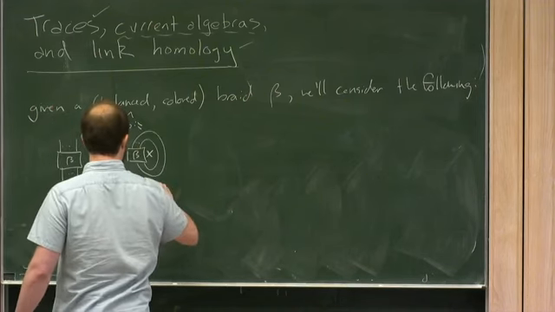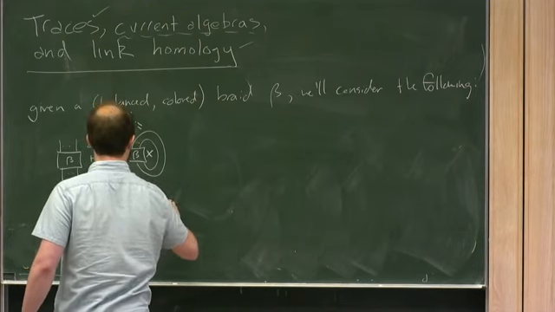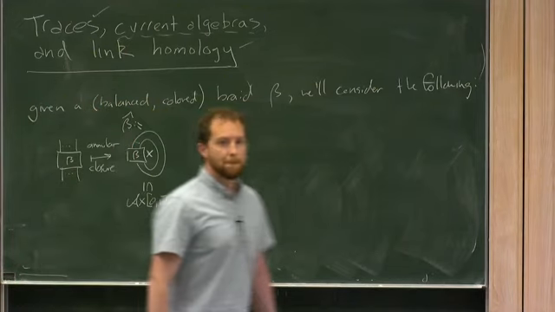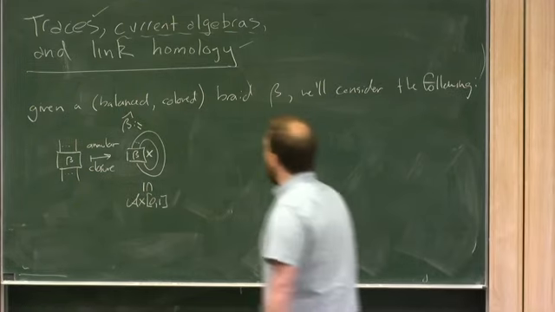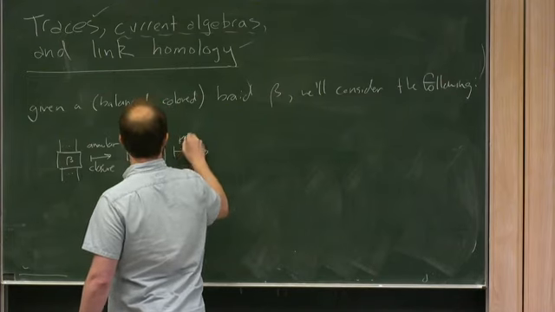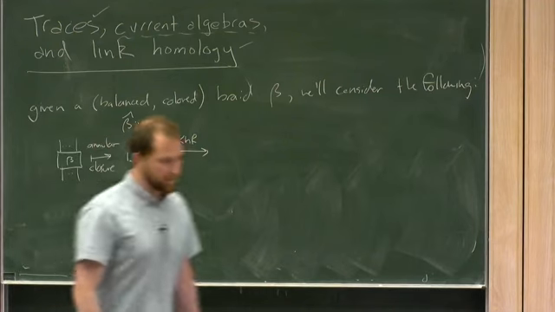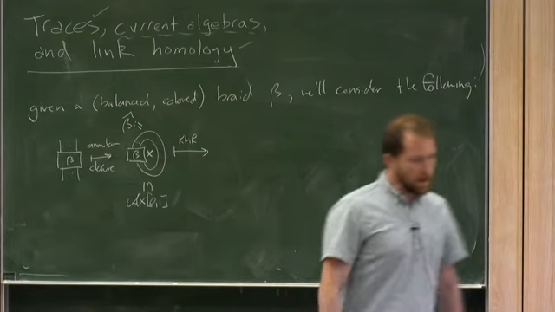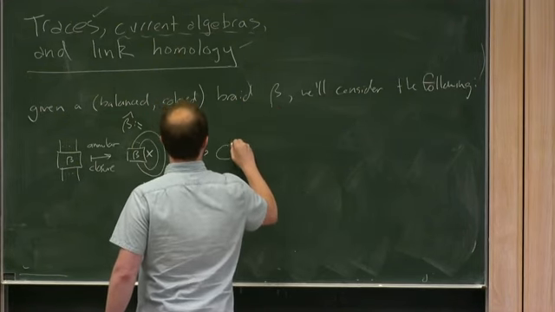And just a reminder, this lives inside the annulus cross [0, 1]. Okay, all good so far. So the next thing that I'll do is apply some sort of bracket operation, essentially the Khovanov or Khovanov-Rozansky bracket, to get some complex.